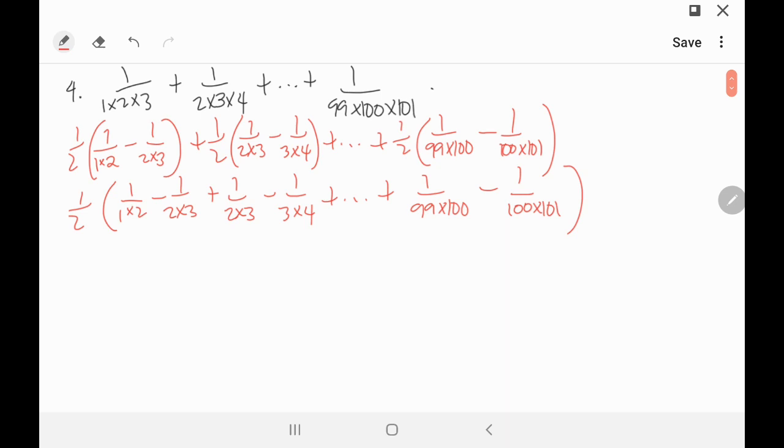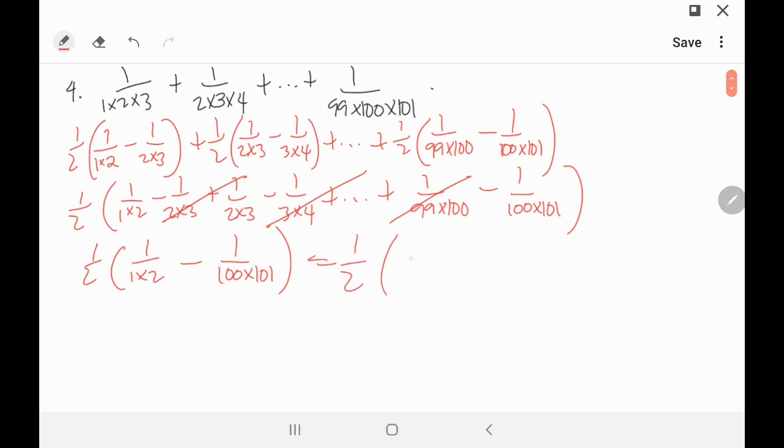Okay, so these two now cancel out. That one would cancel with the next fraction. This one will cancel with the previous fraction. So we are now left with 1 half of 1 over 1 times 2 minus 1 over 100 times 101.